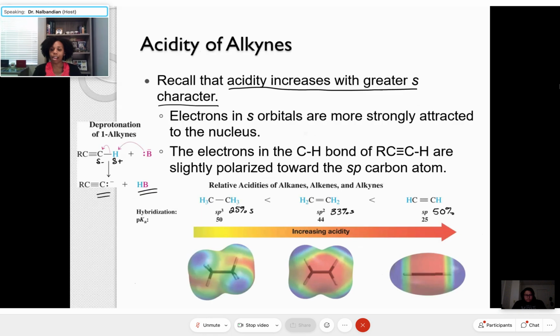But here our alkynes are our most acidic of alkenes, alkanes, and alkynes. So we're pulling electron density slightly toward that alkyne carbon. So I can draw it in this way, away from the hydrogen toward this carbon. Questions on that?